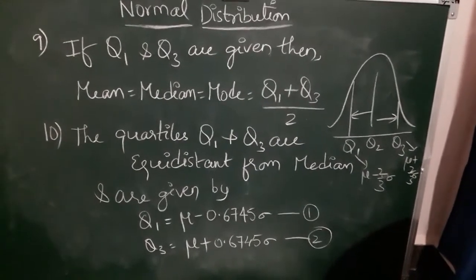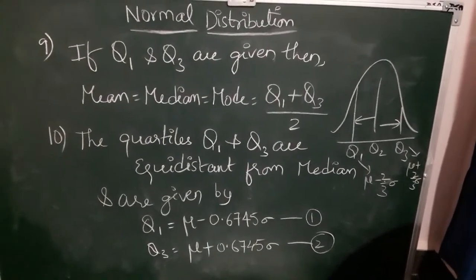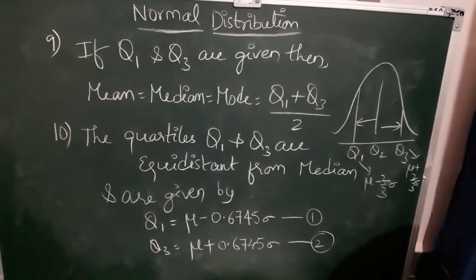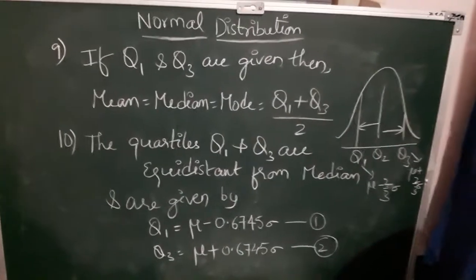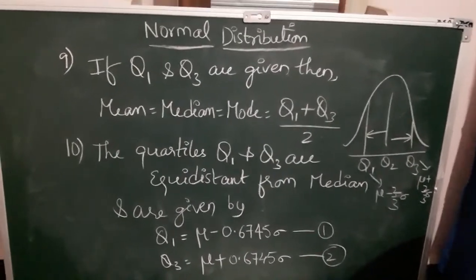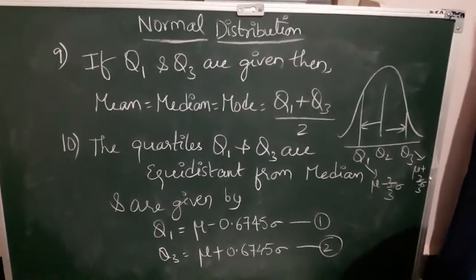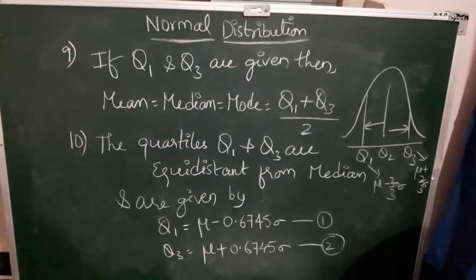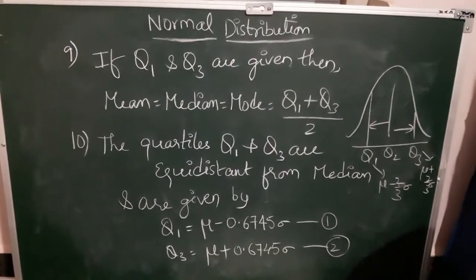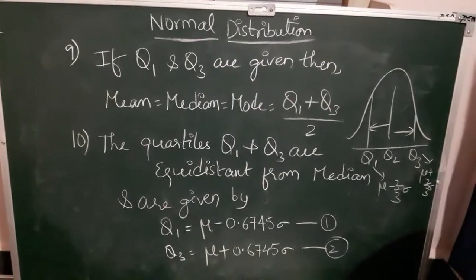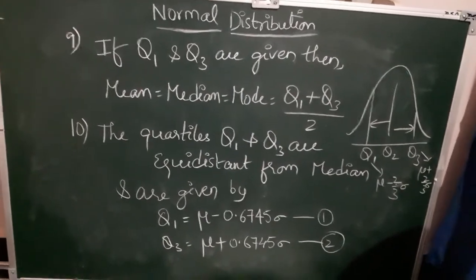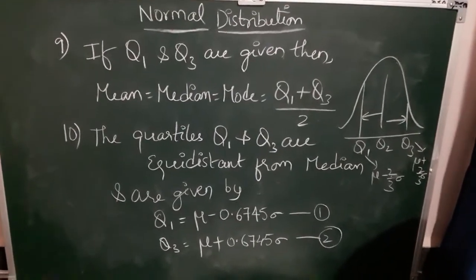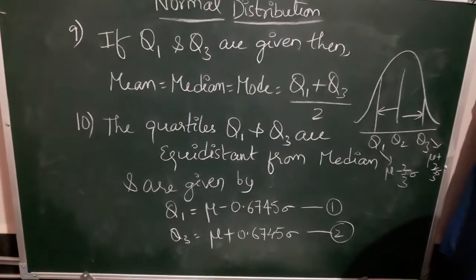Both values are the same, only the sign differs, because the left side runs from 0 to minus infinity, with values minus 1, minus 2, minus 3, and so on, and the right side is 1, 2, 3, 4 up to positive infinity. Towards your right are all the values from 0 to infinity, and towards your left from 0 to minus infinity. Remember. So here Q1 and Q3 are equidistant from the median Q2.